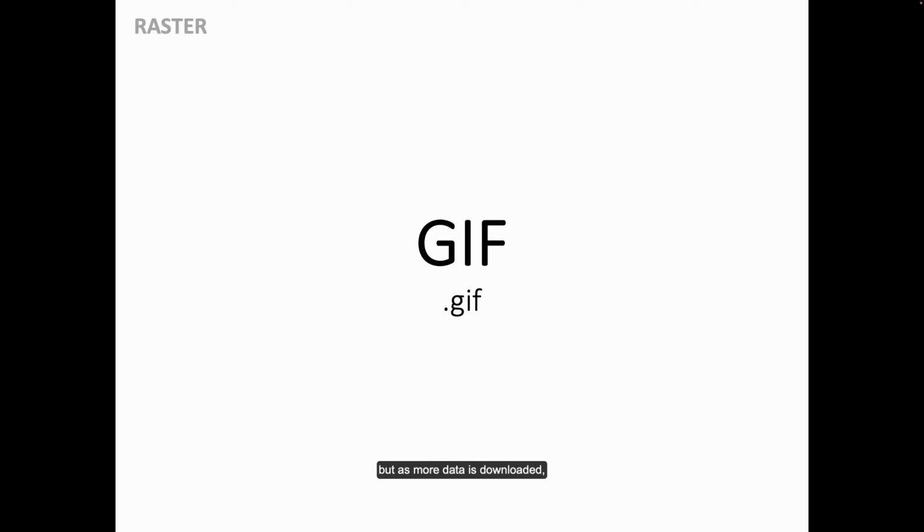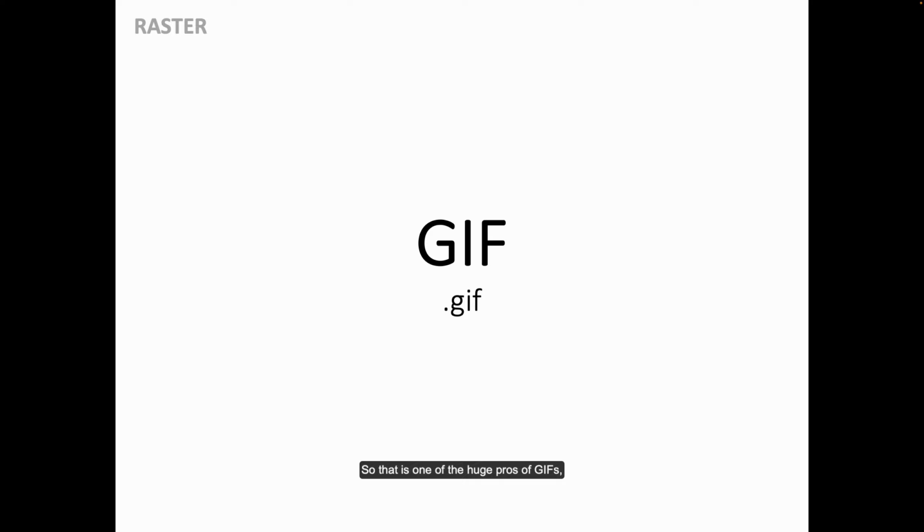But as more data is downloaded, the image becomes more defined until all of that data has been downloaded and it's a much more crisp image. You maybe have seen that online, maybe even on your phone, where something comes up kind of blurry and then in a minute it becomes more crisp. So that's called interlacing.